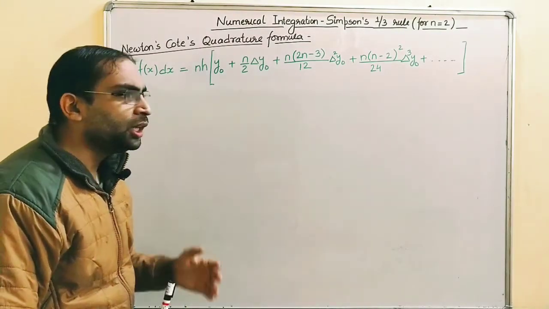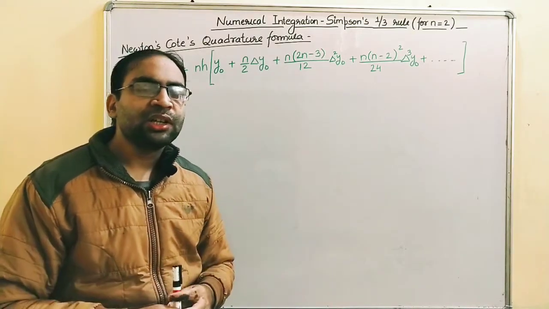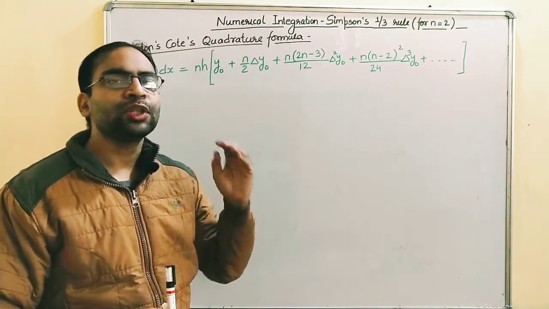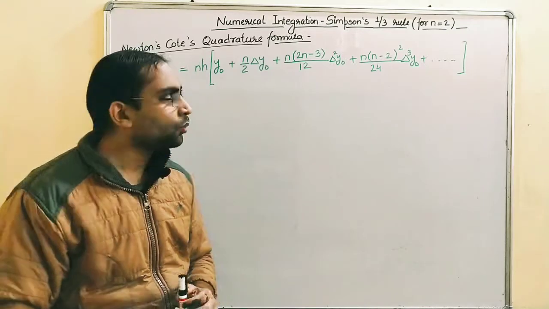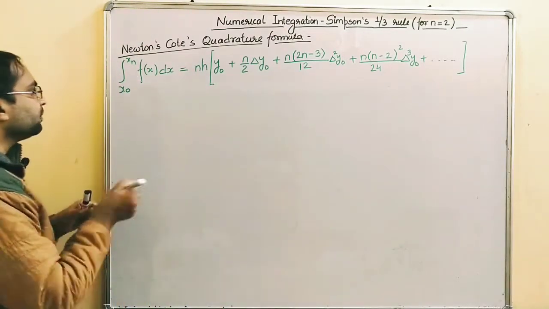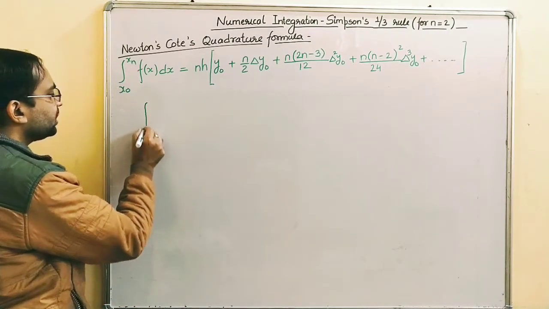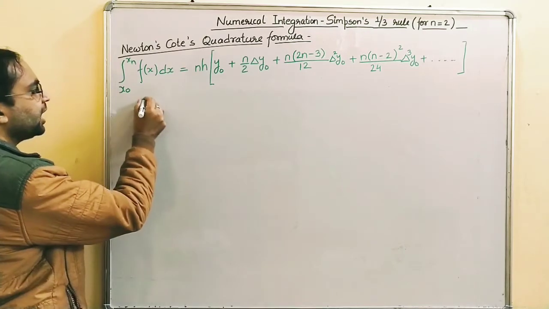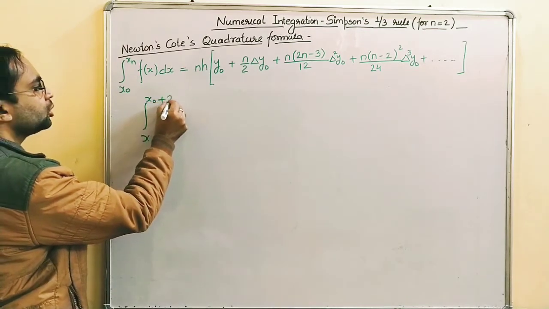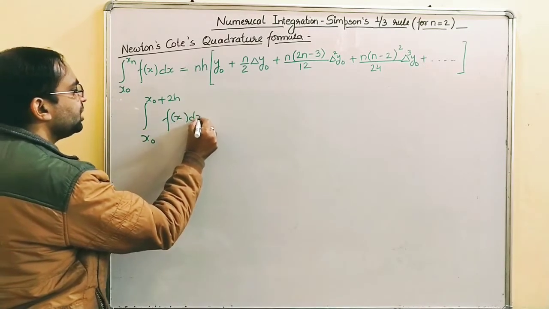As we already know, to get the numerical integration, the large integration is subdivided into smaller intervals where the interval size will be 2. So let us assume that if we have x0 to xn, this interval can be subdivided into x0 to x0 plus 2h, f(x) dx.